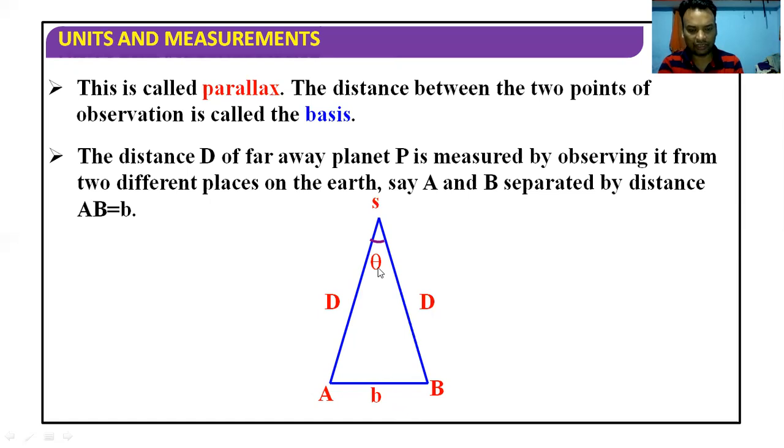So theta is equal to arc upon radius, and we treat D as the radius. So theta is equal to b upon D. Angle is equal to arc upon radius.